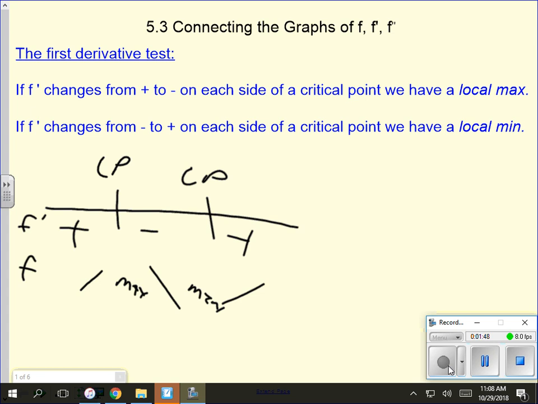A critical point just means that something goofy is happening there instead. But if the derivative changes sign, you have a local max or min. This is called the first derivative test, because you use the first derivative to determine whether or not you have a local max or min. The sign chart is an application of the first derivative test. It works very, very well.